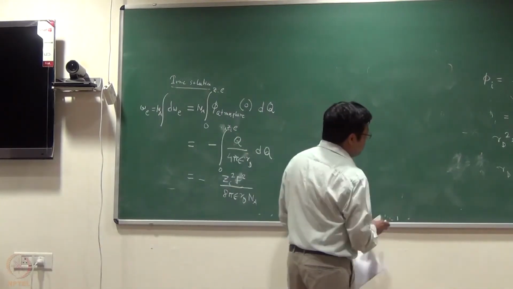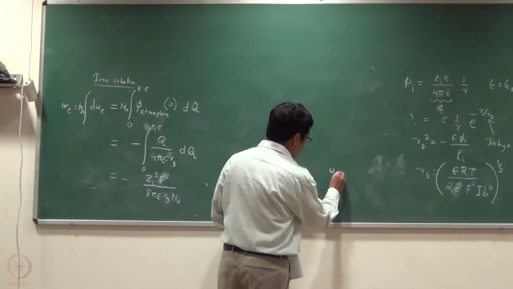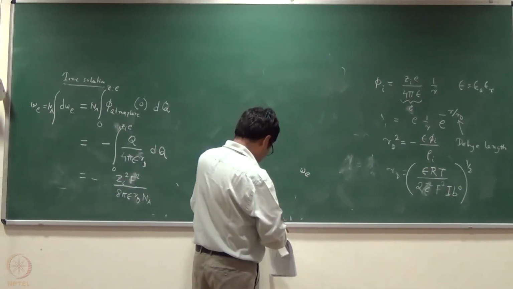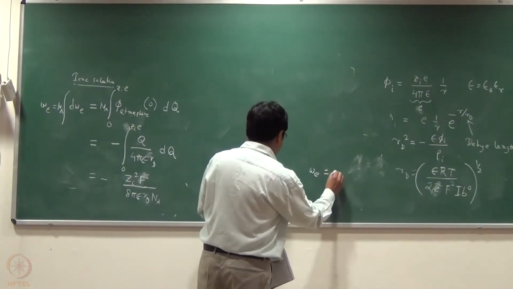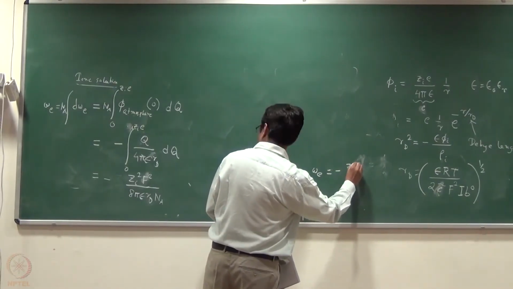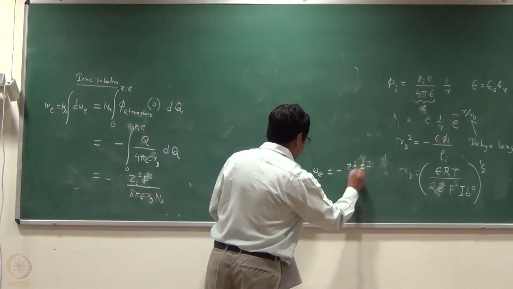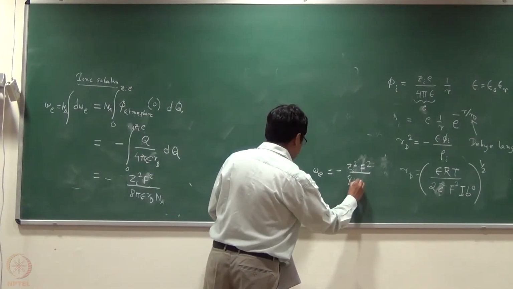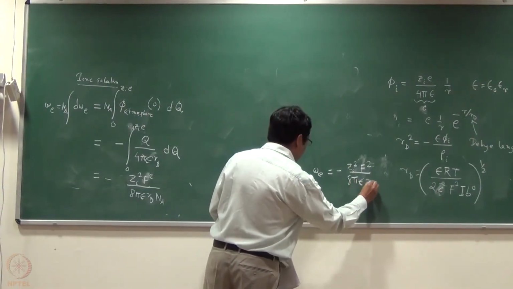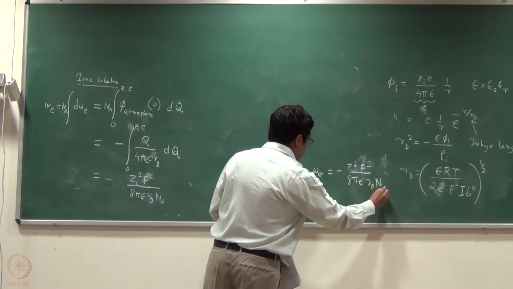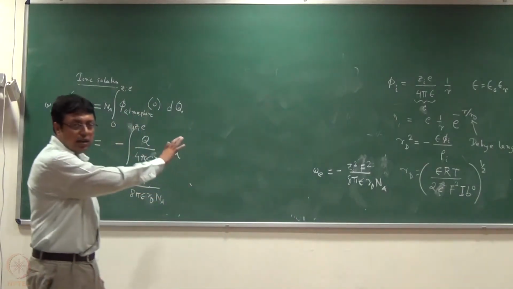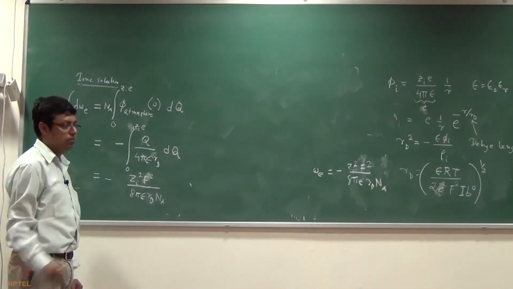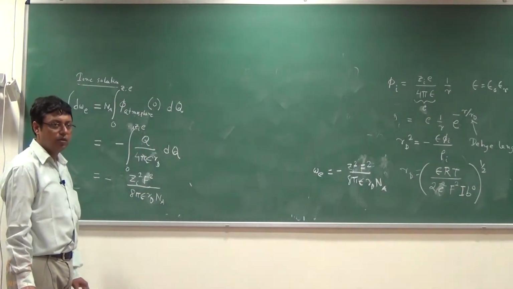WE is basically minus Zi square F square divided by 8 pi epsilon RT N. Fine. This is basically the electrical work done for one mole. Clear? Okay.